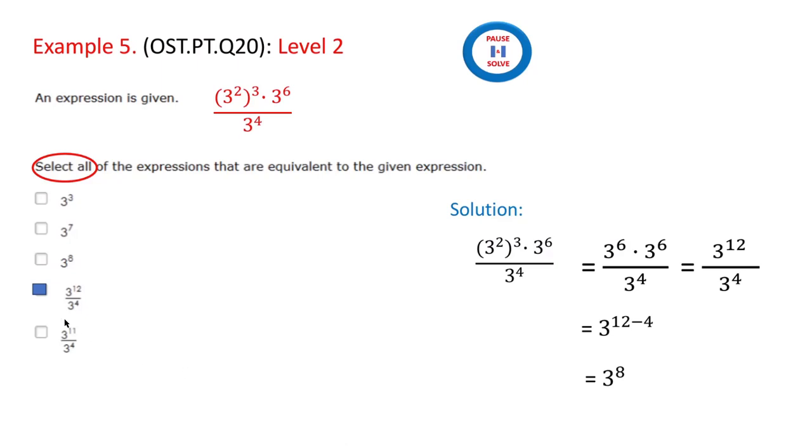That's 3 to the power 8, which is this one here. Now let's see if there are some other options. 3 to the power 3, no, it's not equal to 3 to the power 8. 3 to the power 7 is not equal to 3 to the power 8. This one here is also 3 to the power 7, so it's not good either. So, okay.